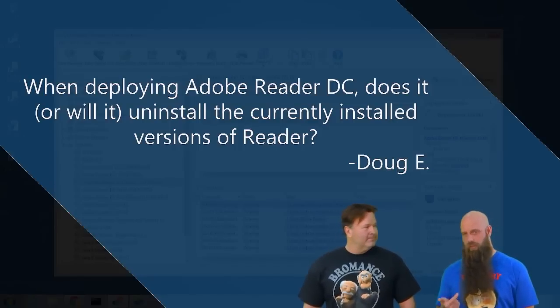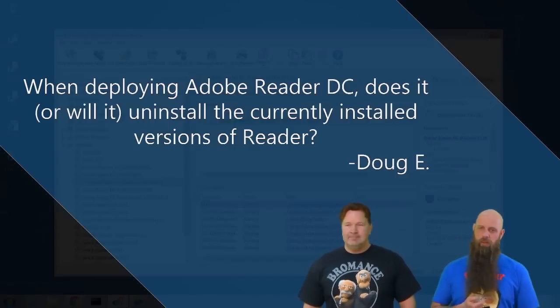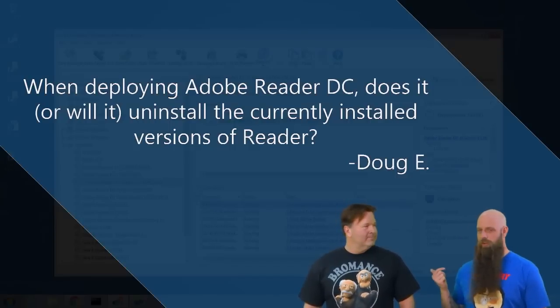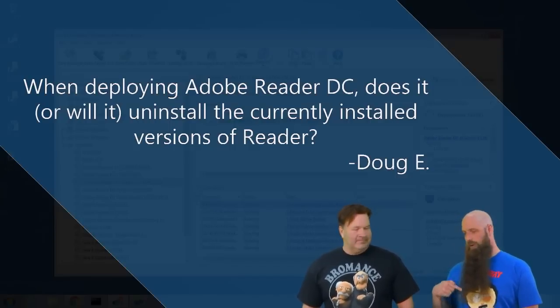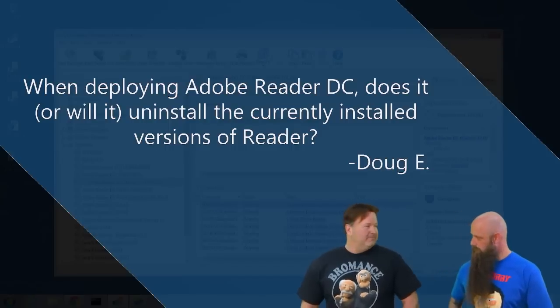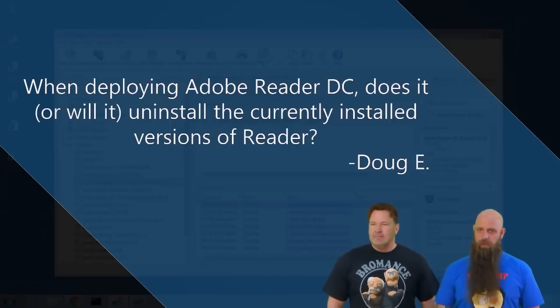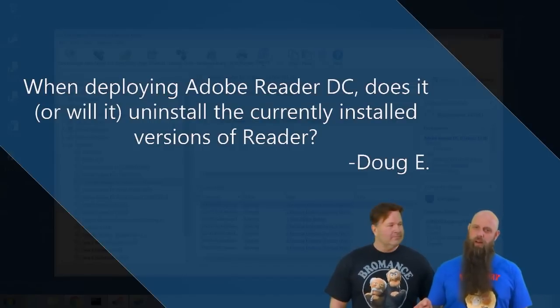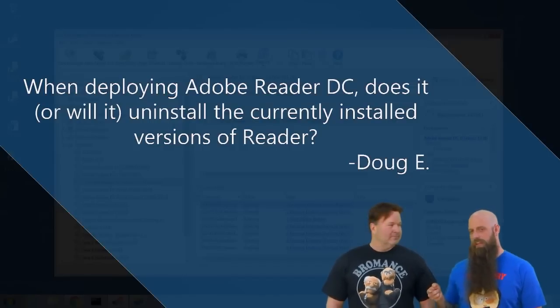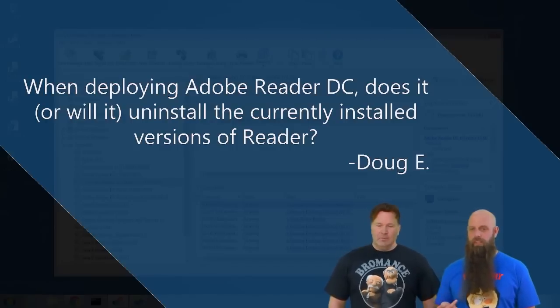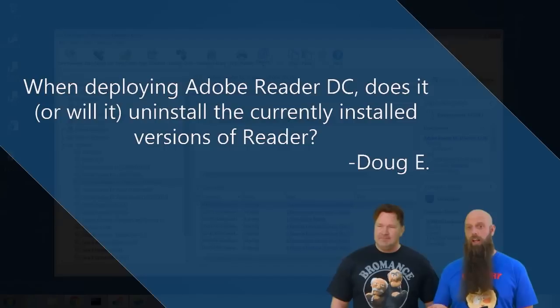Continuous will always have a later version, and therefore Adobe says, oh, you're trying to throw an older version on here. It'll error. Now, if you use the package from the package library, the Adobe Reader DC Classic, then we take care of it for you. We solve that by just uninstalling.